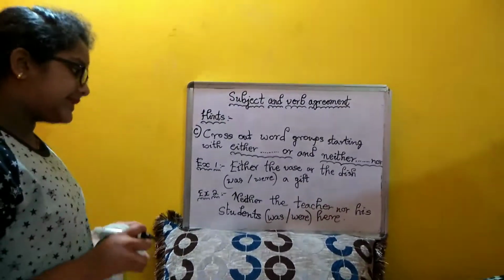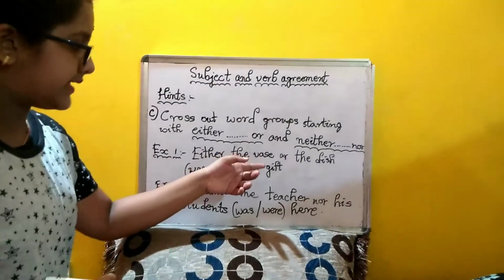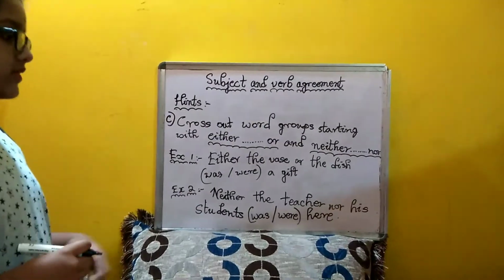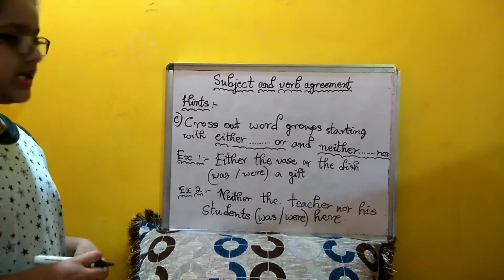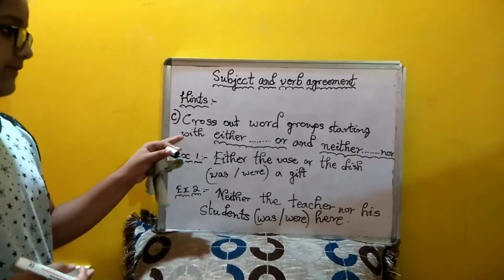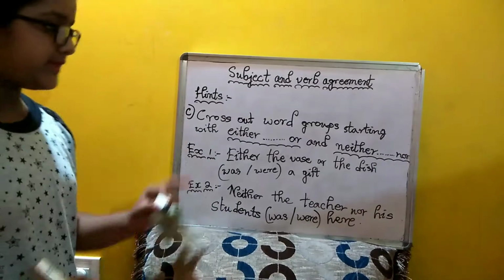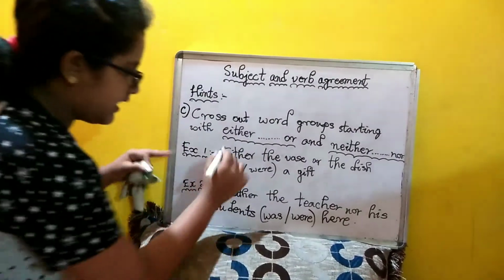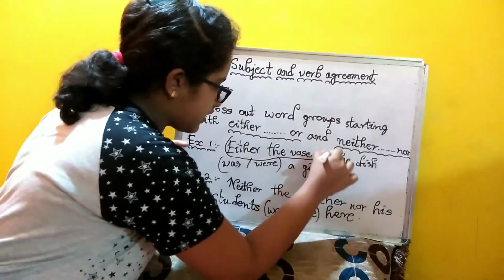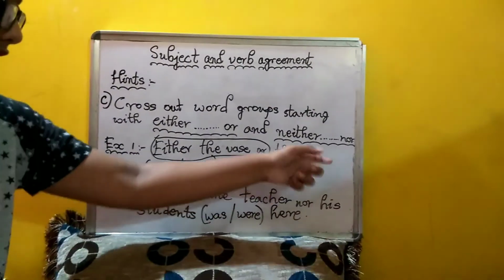So let's get started with example 1: either the vase or the dish was or were a gift. Here they told that we can cross out the word groups which start with either and end with or. Let's keep it aside. Now the subject here is the dish.